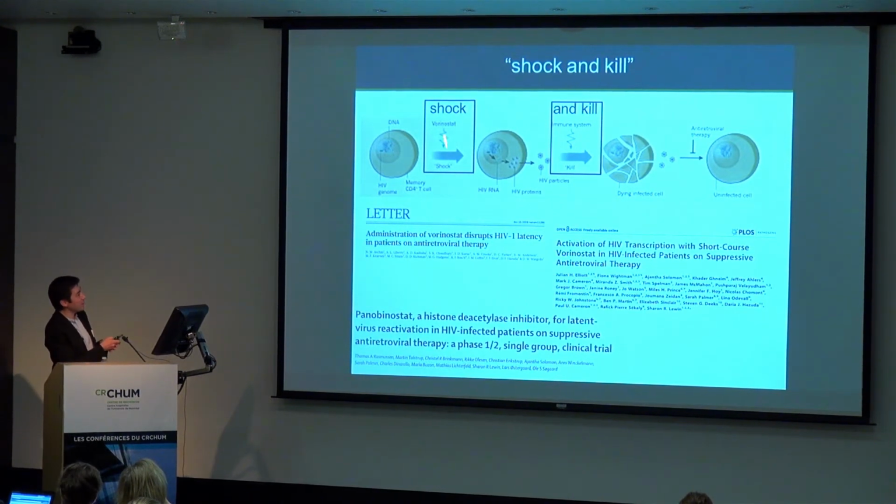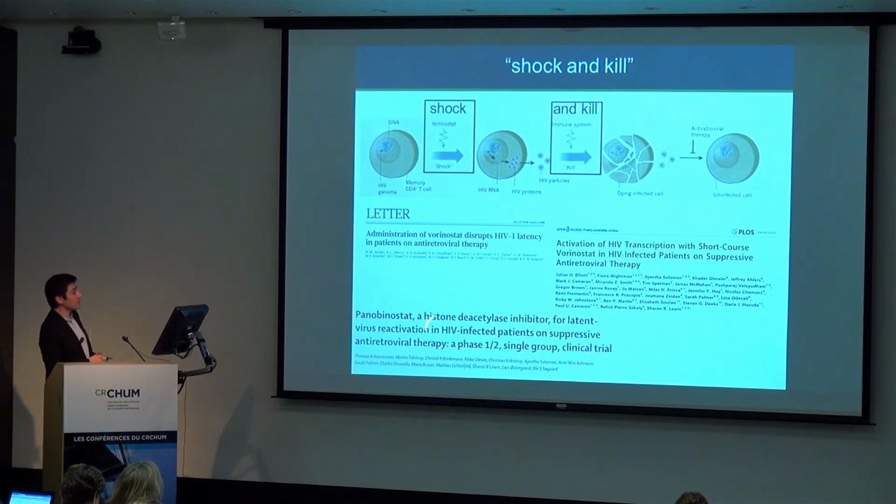Basically, you would take a molecule that would force viral gene expression in those latently infected cells, which will lead to the production of viral proteins and probably viral particles as well. Because this cell is then going to be visible to the immune system, if you have a good immune response, this cell will be eliminated. And of course, the idea is to keep antiretroviral therapy during the shock and kill strategy, so the virus that is produced cannot reinfect new cells.